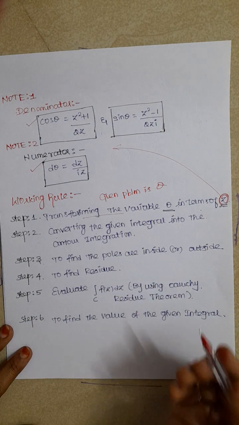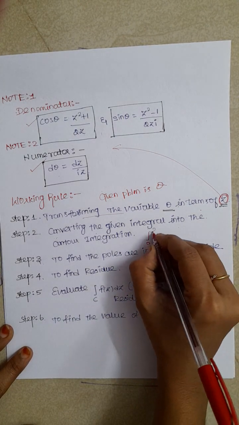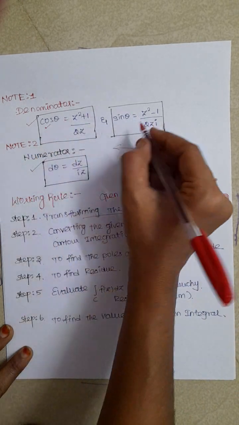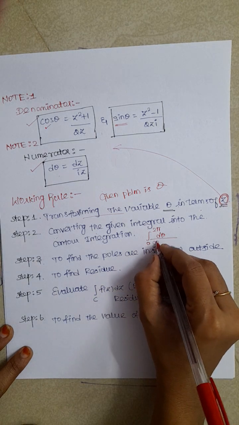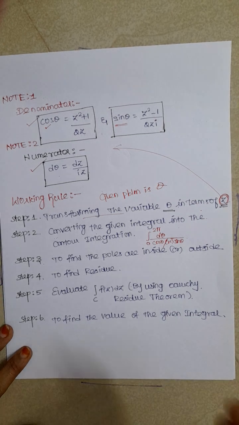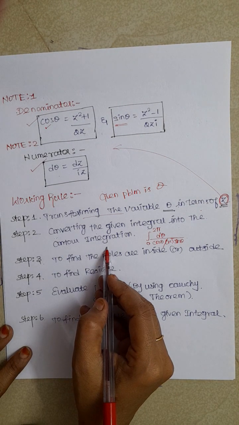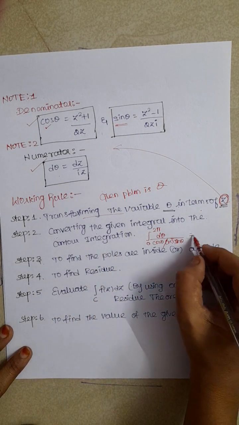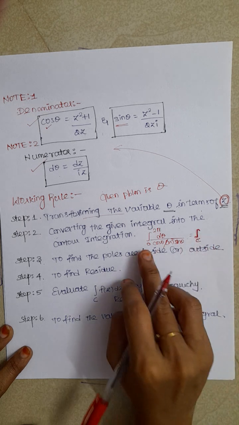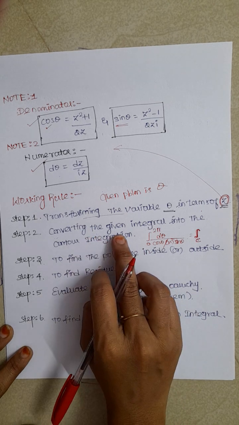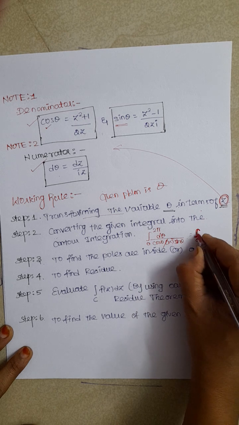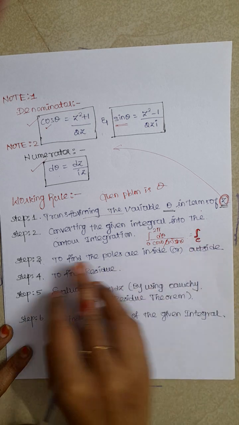So the given integral is 0 to 2 pi, the numerator is d theta, the denominator is cos theta or sin theta. Cos theta or sin theta, you can convert into the contour integration. The contour integration is the integral over C, where C is a closed curve.